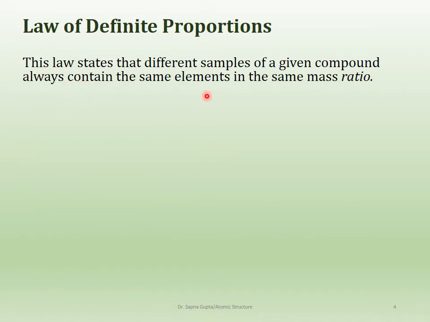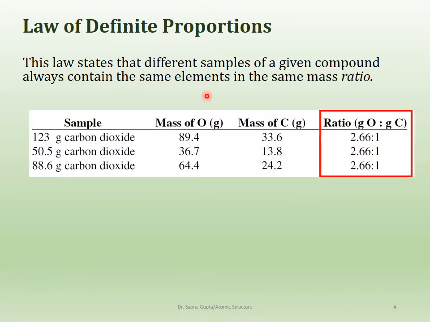Now, the law of definite proportion. This law states that different samples of a given compound are going to have the same mass ratio. So for example, you can take any amount of carbon dioxide, but the mass of oxygen to carbon is going to remain the same, no matter how much sample you start with, because the ratio of carbon and oxygen in carbon dioxide is fixed.